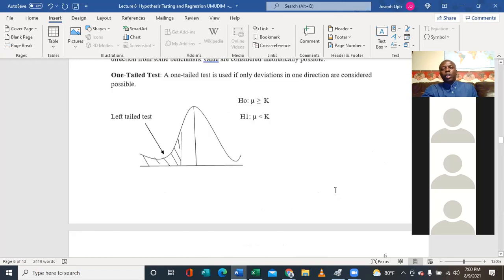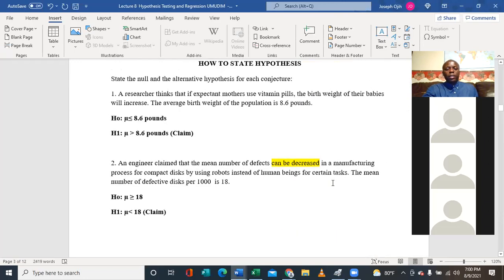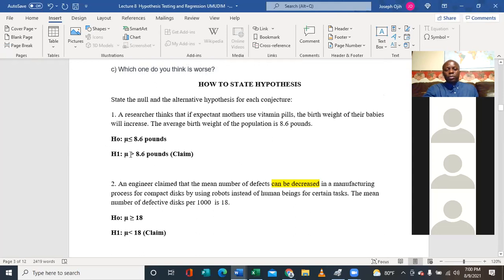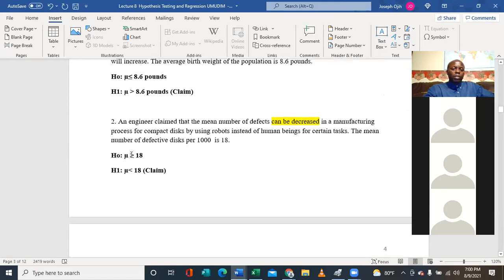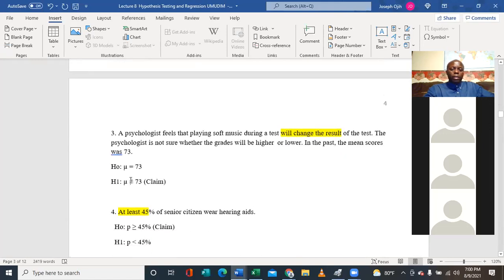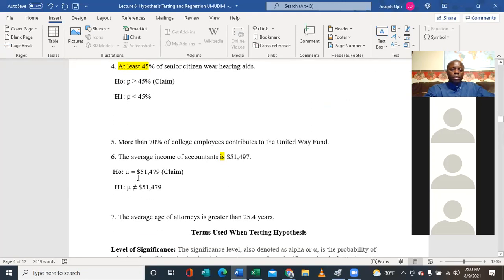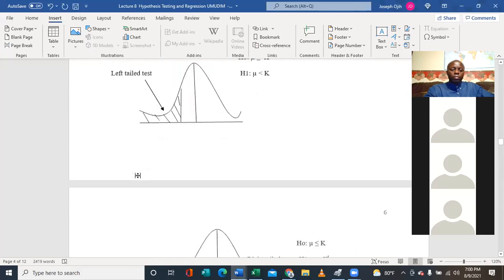So looking at the hypotheses we stated before, this one is the right-tailed test because it's using the greater than symbol. This one is a left-tailed test. This is a two-tailed test, and so on and so forth.